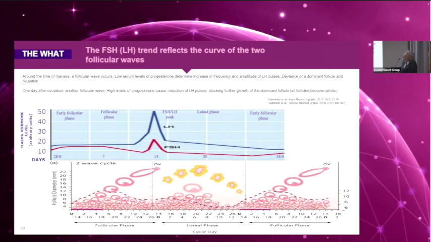But what is clear is that if we consider the follicular wave during the follicular phase, the progesterone is very low. Given that progesterone is very low, you can have deviation and you can have ovulation. When the follicular wave is sustained in the luteal phase, the progesterone is very high. And when progesterone is high, the LH is suppressed.